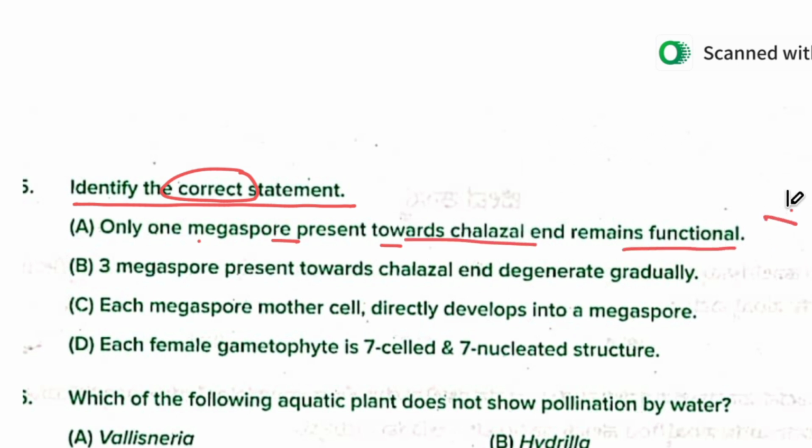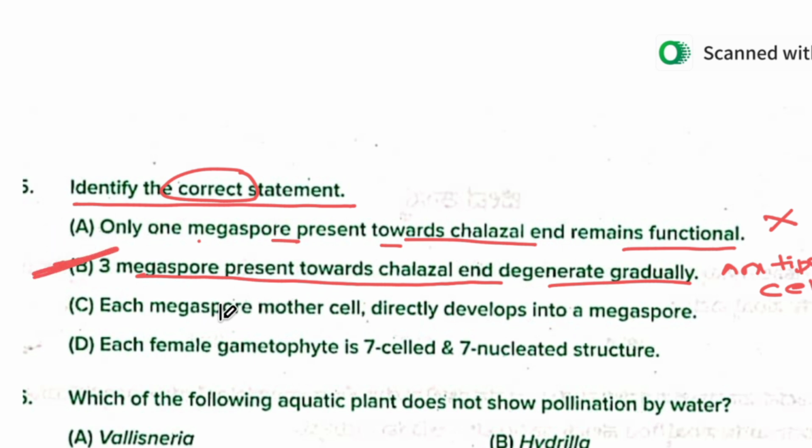This is not true. 3 megaspores present towards chalazal end degenerate gradually, that is antipodal cells. Antipodal cells, they will get degenerate. This is true.